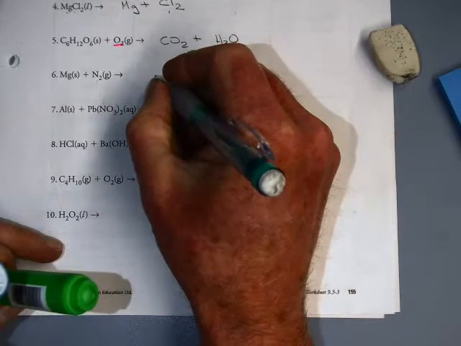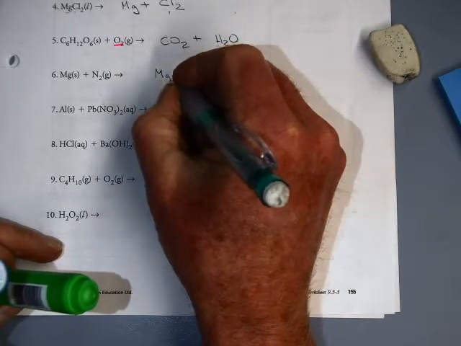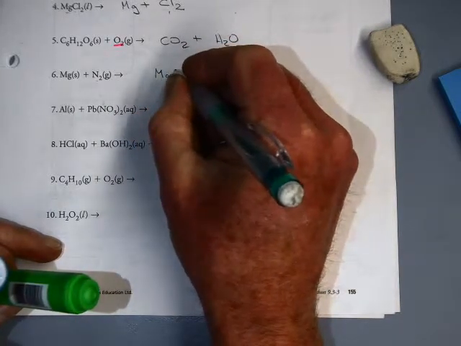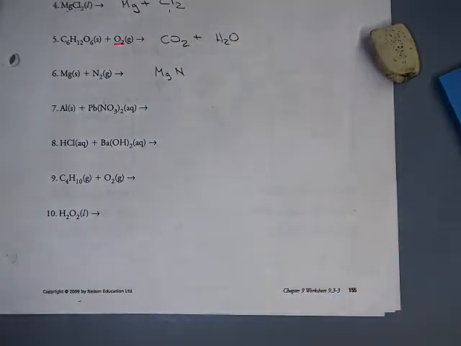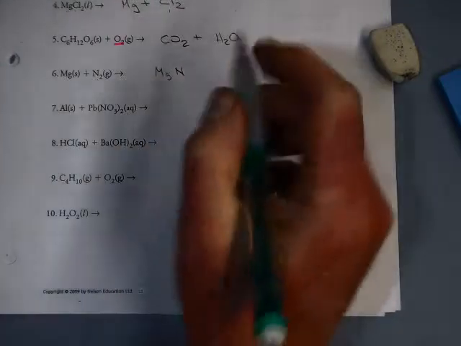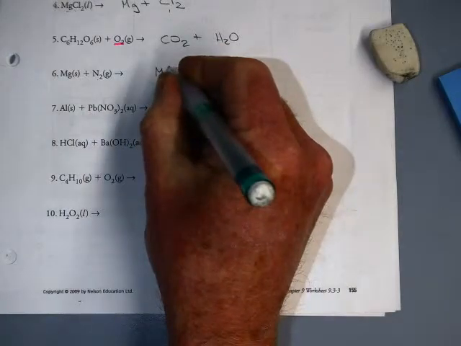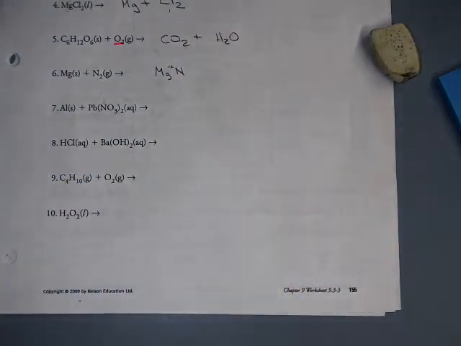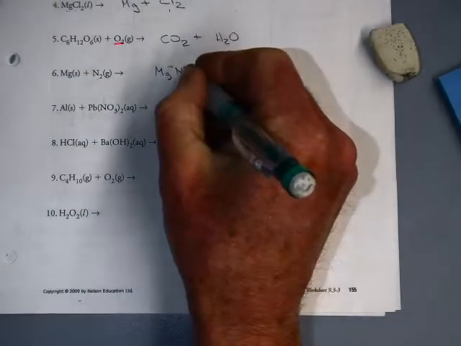So it's going to be Mg something, N something. We don't know. What do we know about the combining capacities, though? Magnesium is always +2. Nitrogen is always -3.